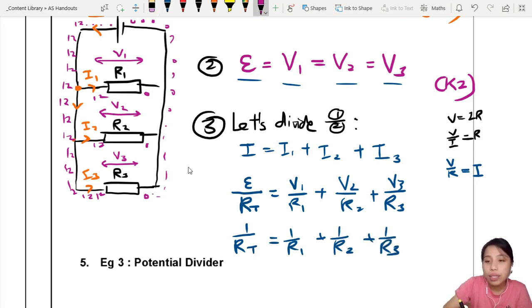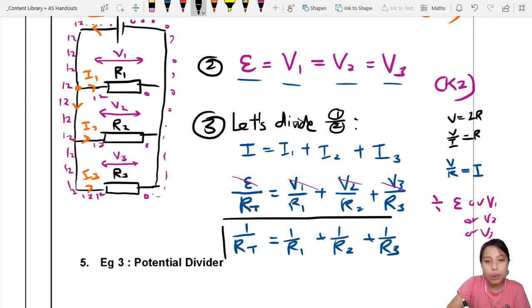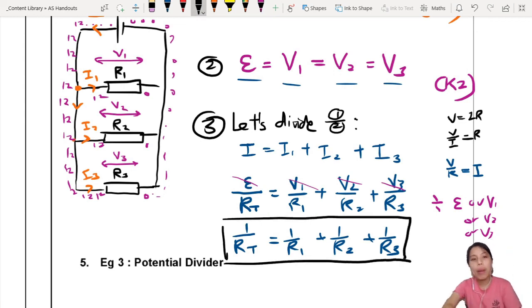The reason is, divide by E or V or V or V. Anytime you divide the whole circuit by number 2 already, all this is gone. Divide both sides by E or V. Then you have this final equation. This is how you can combine the resistance of parallel resistors here. So R1, R2, R3. Combine, you find R total.